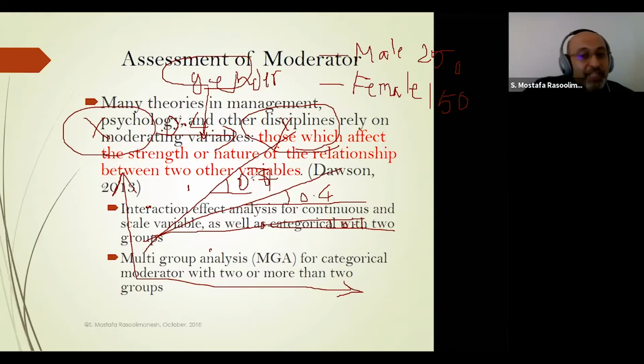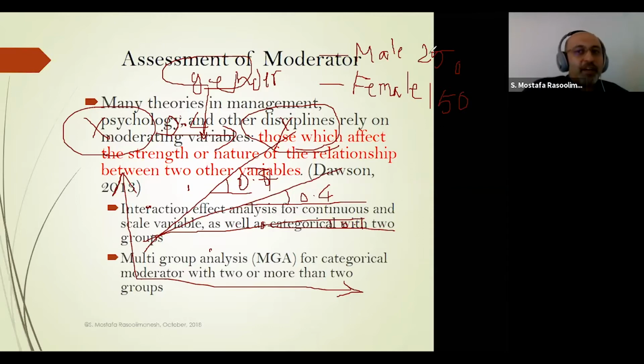Sometimes the difference between these two beta coefficients is significant, like here, 0.7 and 0.1.